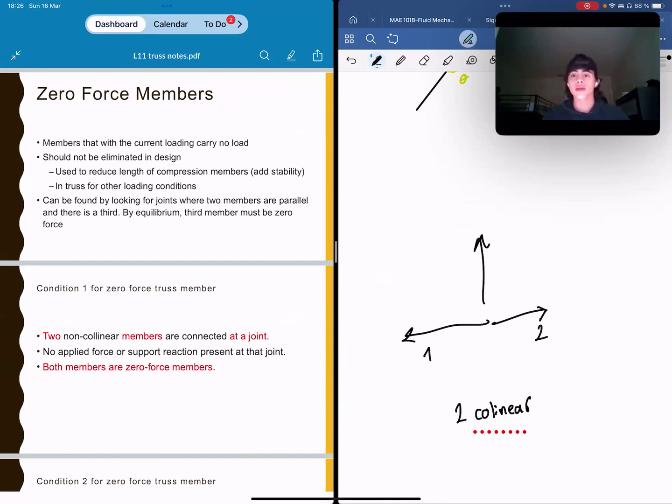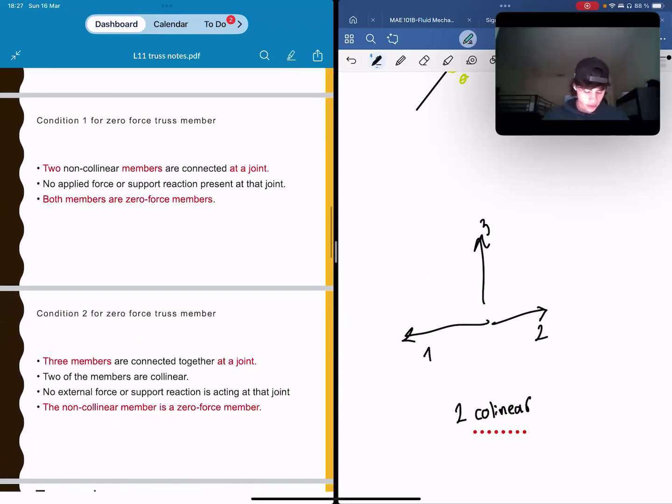And also I know that the joint has to be in equilibrium. So by conclusion, since this third member is perpendicular to them and they don't have a Y component, that's a zero force member, because there's not a force right there, but it adds equilibrium to the entire system. So at the time of solving problems, that's an important tip to know.